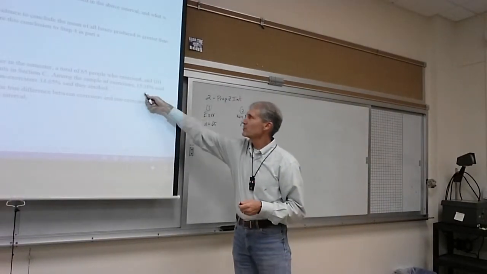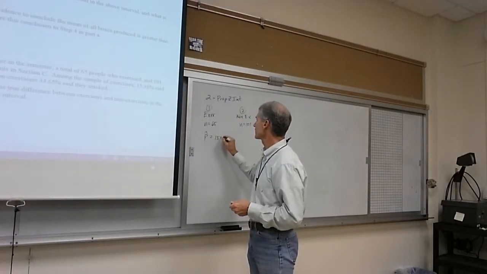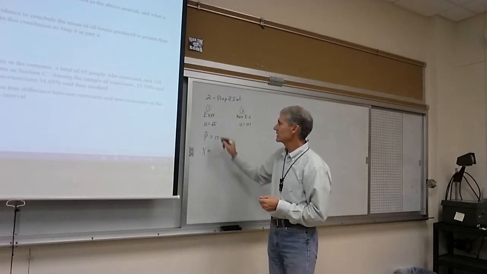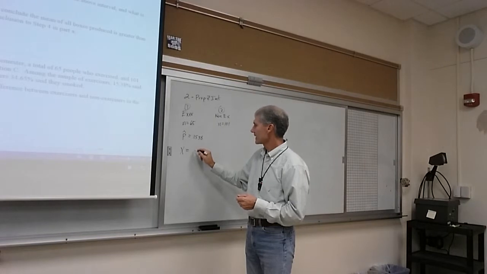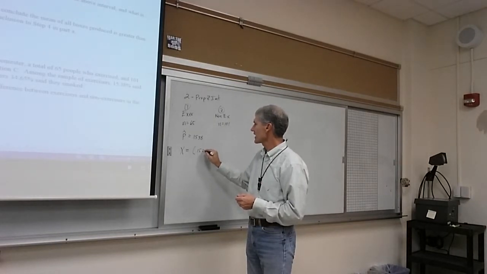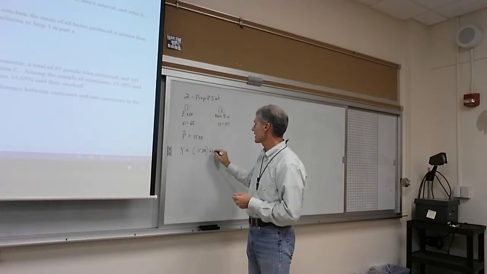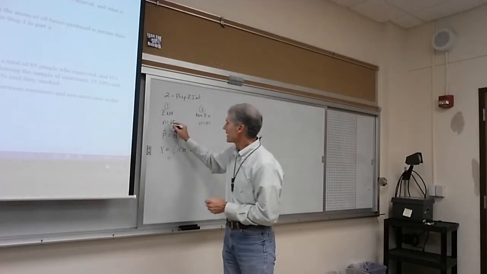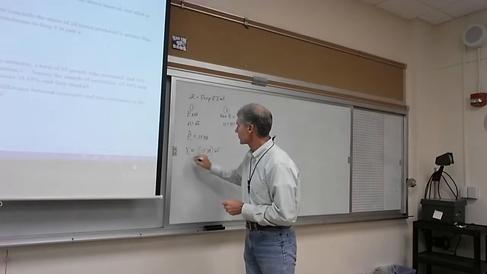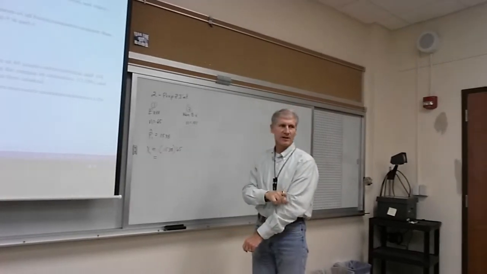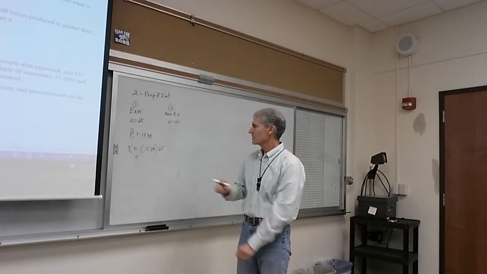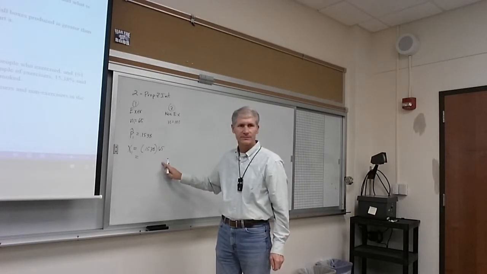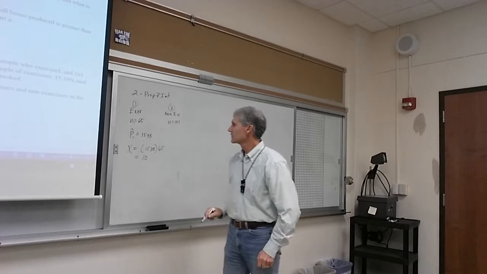So they gave me p hat. As a proportion, I move the decimal: 0.1538. So to get x, what do I need to do? Multiply that by the sample size and then round to the nearest whole. I forgot to put the little subscripts of 1s on those because they're coming from the first sample. So what is this number? Rounded is 10.